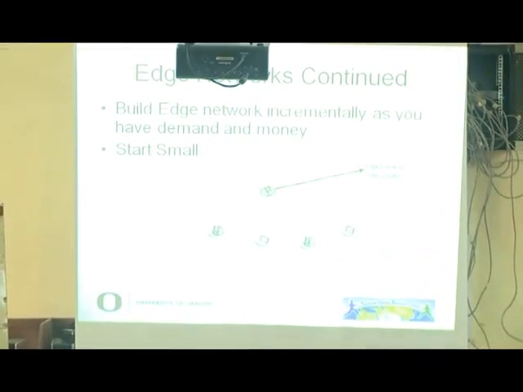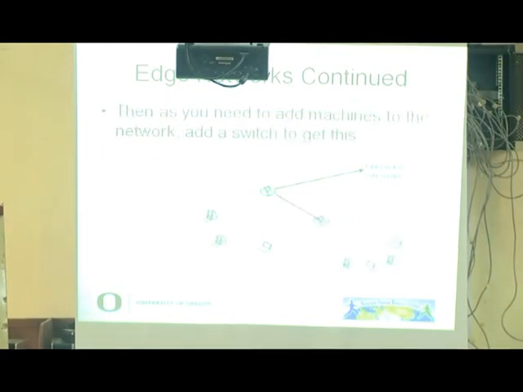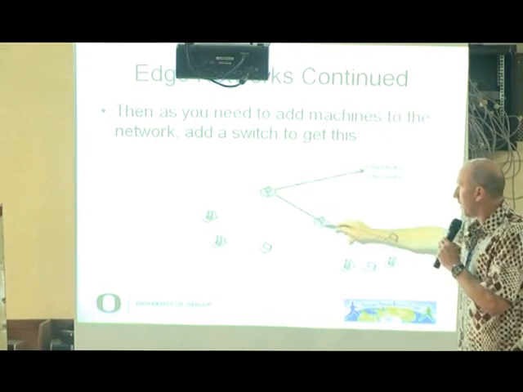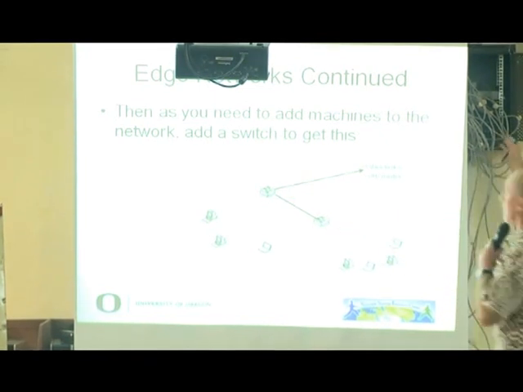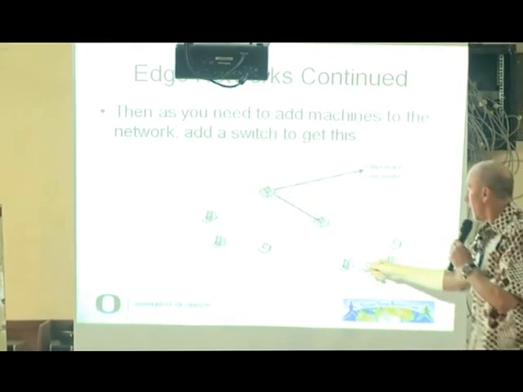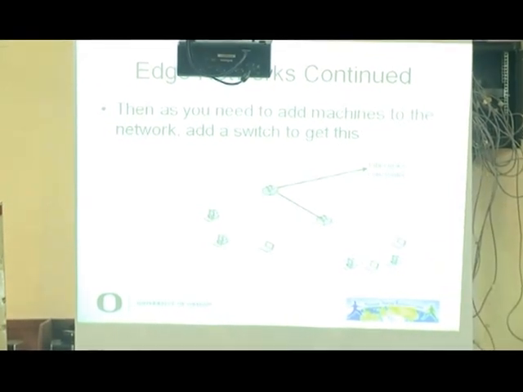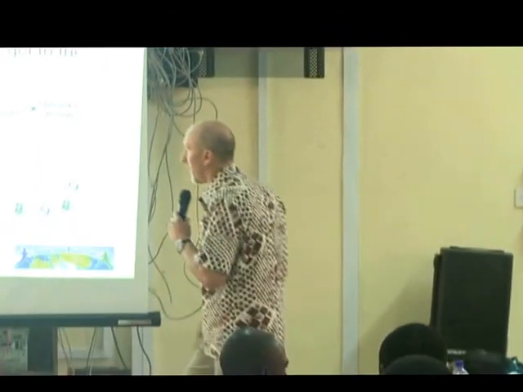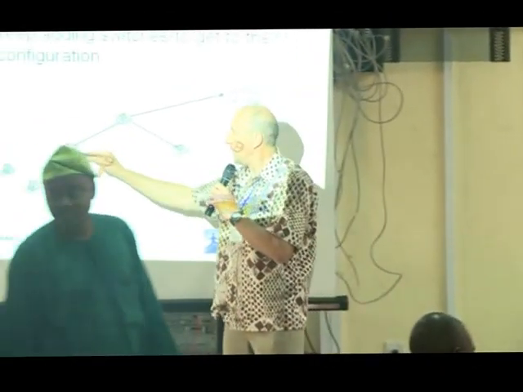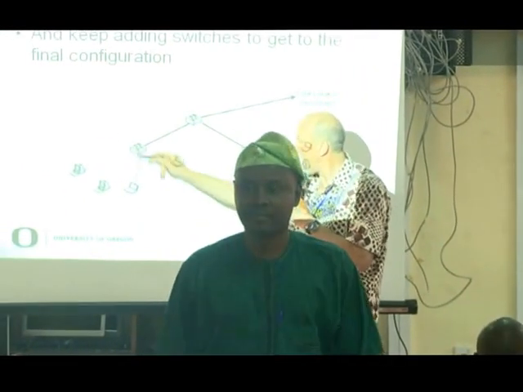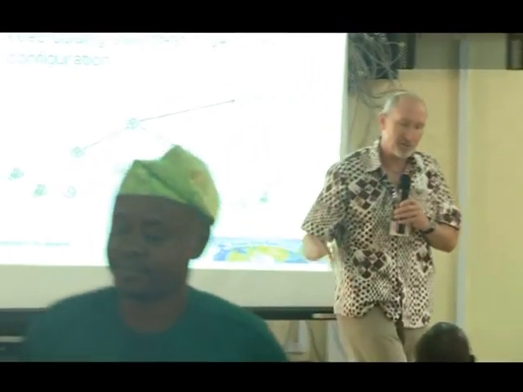And then when somebody at the other end of the building needs to be connected, we can run some cabling out to a new network rack location like this, and connect up some computers there. Then somebody at the other end of the building needs service, so we run cabling out to this location, another network rack, and run cabling out to those computers. So you can build incrementally.